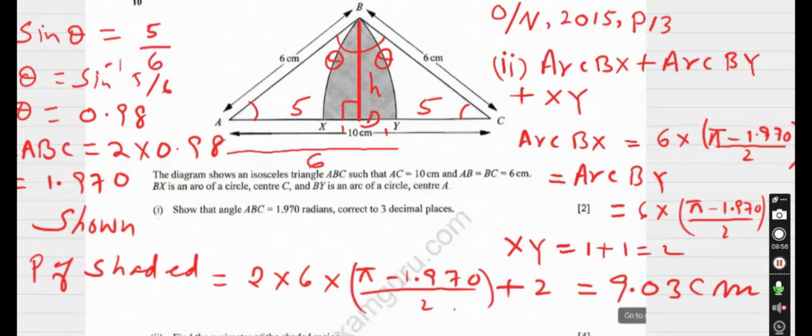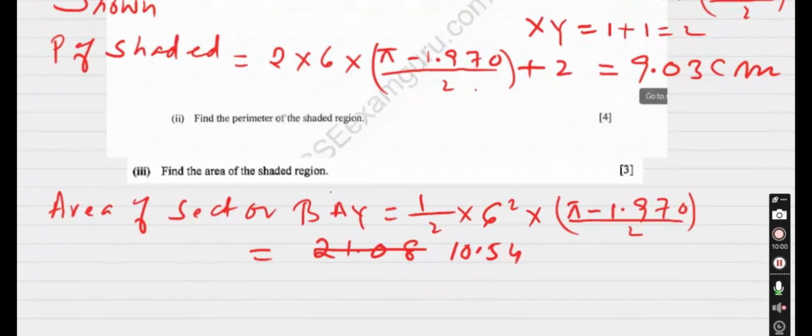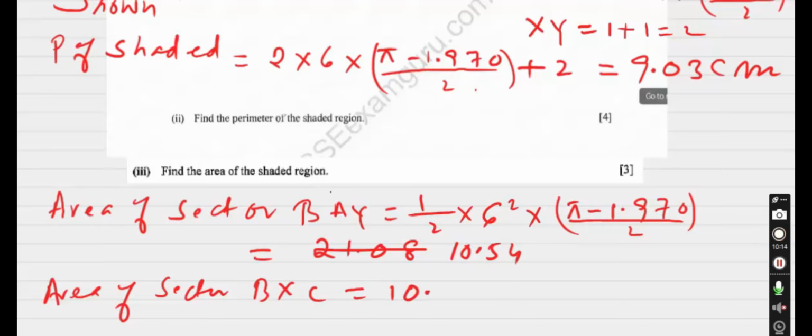Now we are going to find the area of sector BXC, which is the same because the angle is the same and the radius is the same.